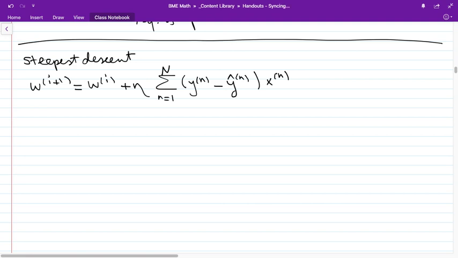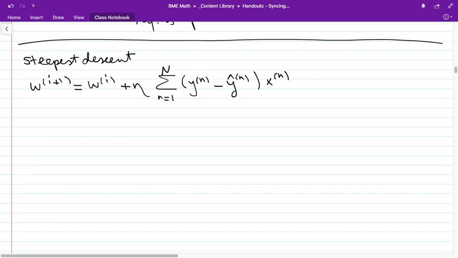So this is a scalar, this is a vector, sum it all up, multiply by some number, eta, smaller than 1, and update your weight. So this is updating the weight based on the average error that you get from a particular W.